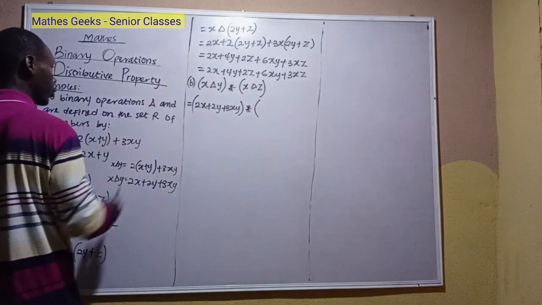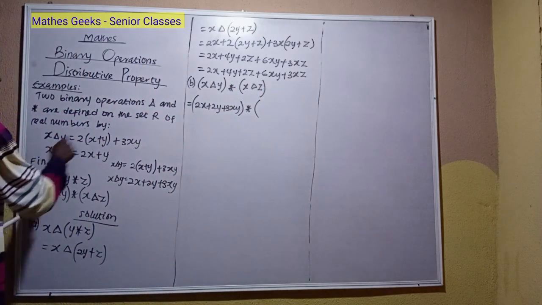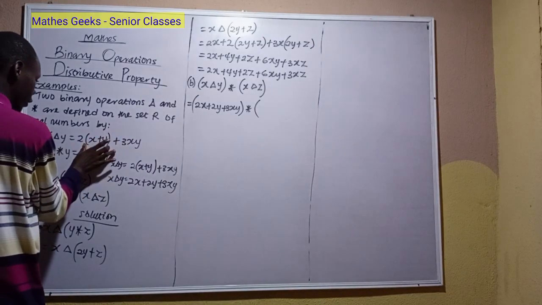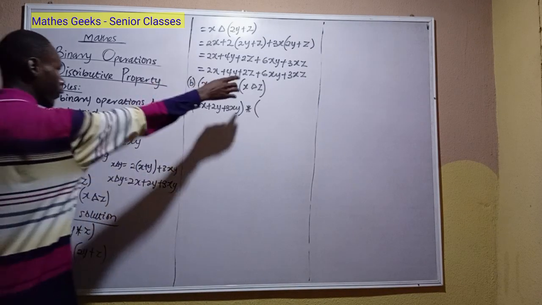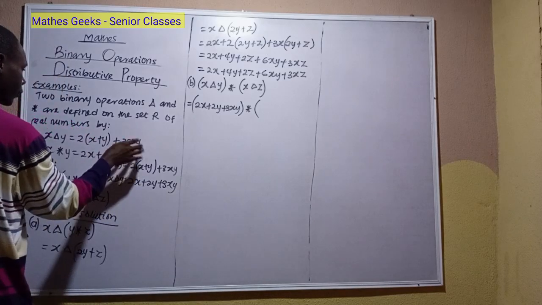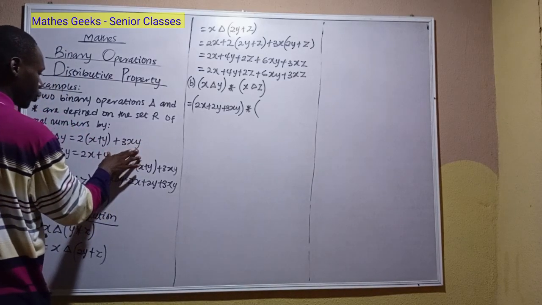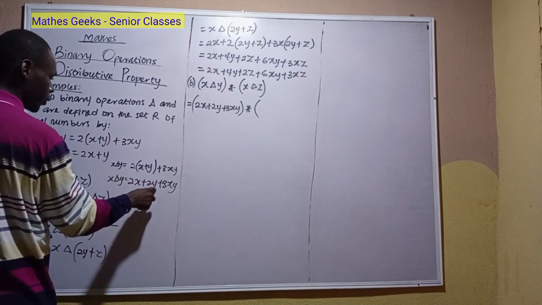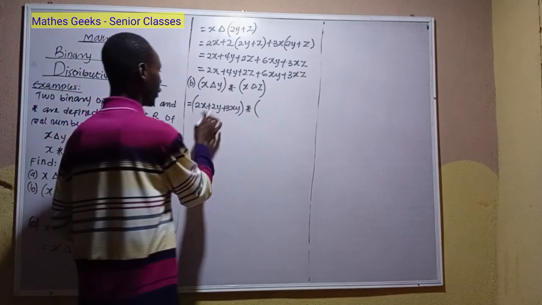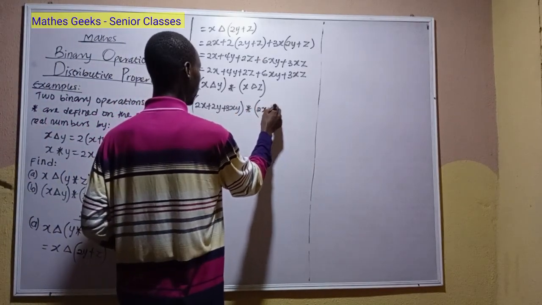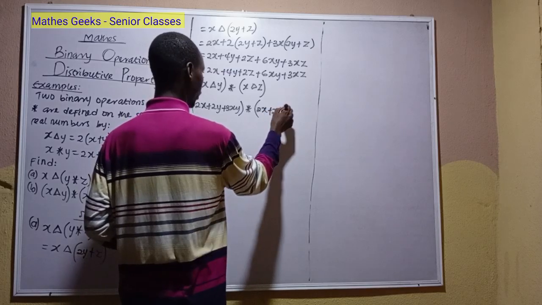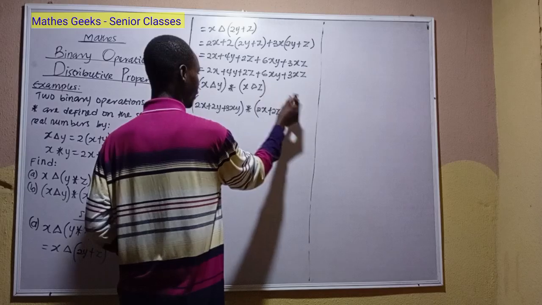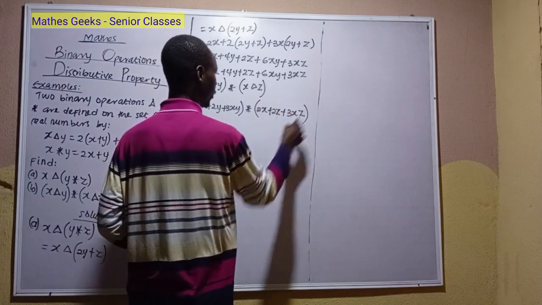For this particular operation, z replaces y here. Where we have y in this equation, after we replace y with z, we will no longer have y in the expression; rather we're going to have z. So if here is x star z, that means here will be z and here will be z. So let's replace it. This is 2x plus 2z plus 3xz.